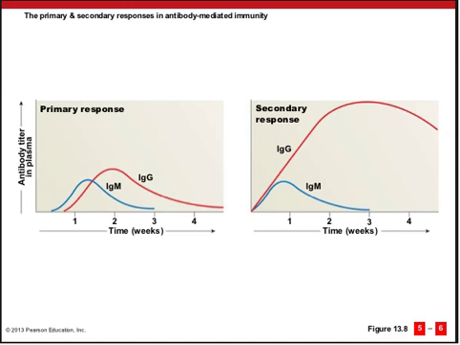It lasts longer than the primary antibody titer. Increases more rapidly. The result is immediate response by memory B cells that appears even if a second exposure after the first exposure is 20 years or more down the road. And so this is one of the reasons why the adaptive immunity is so effective at keeping us disease-free the majority of the time. Now that said, it's not a perfect system.